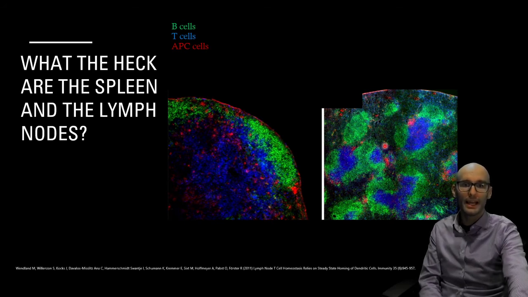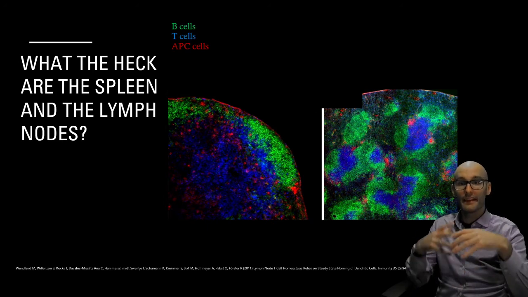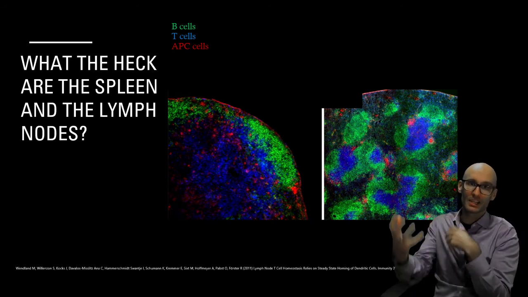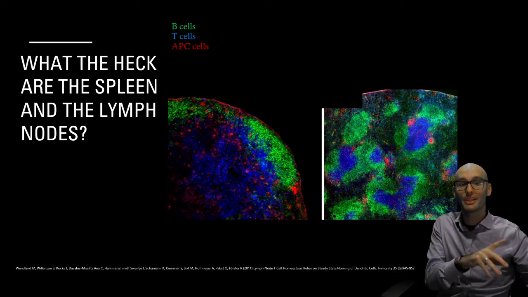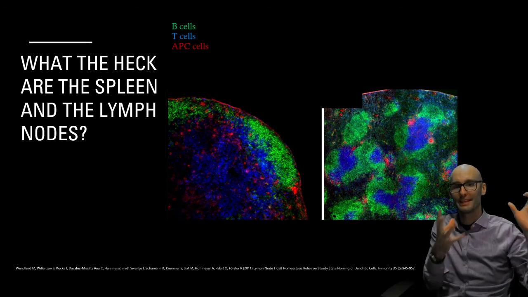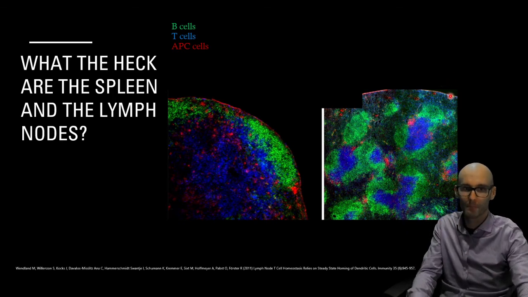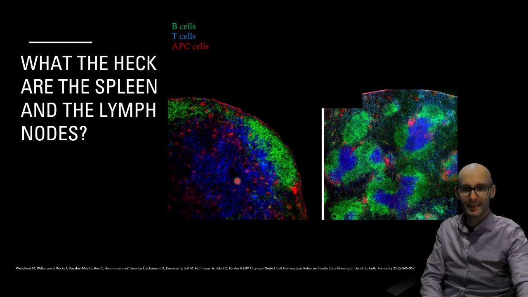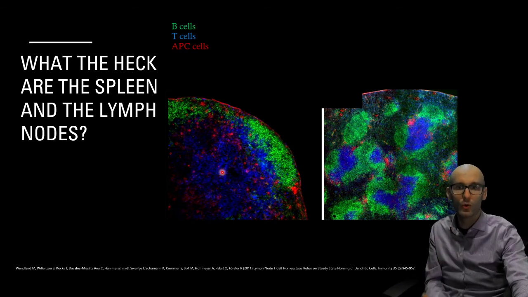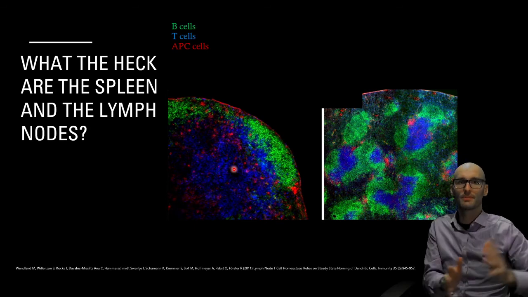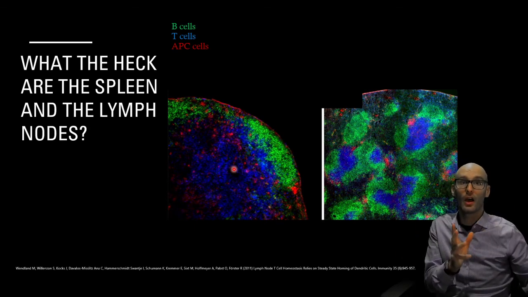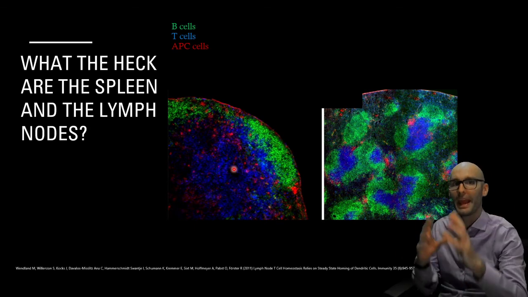So the blue is mostly in contact with the red here. And then the T cells, after being exposed to the antigens, go on to interact with the B cells and cause B cell proliferation, for example. So we can see that the structure of the organs is designed in a way that allows the key interactions between these three main cell types of the adaptive and innate immune systems.